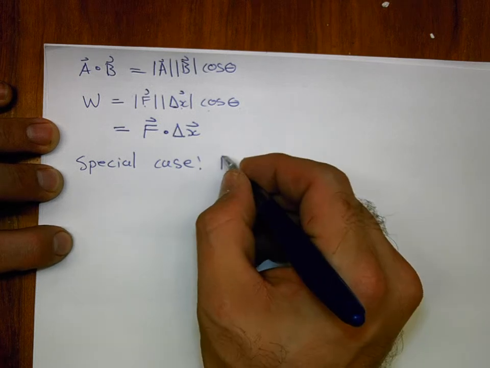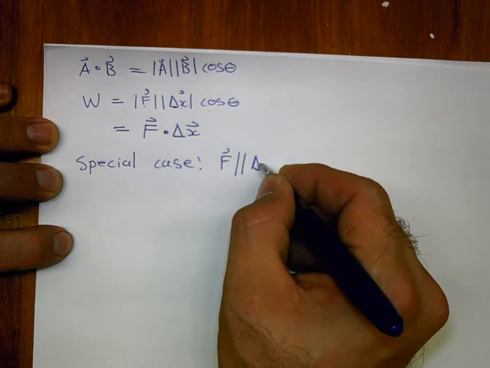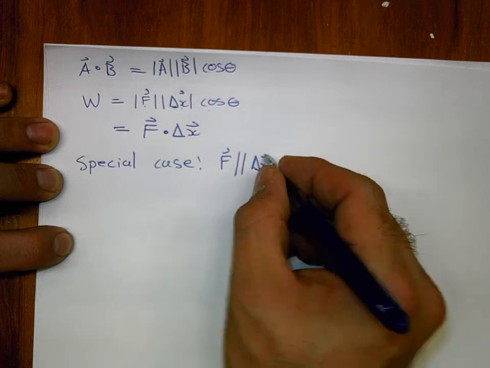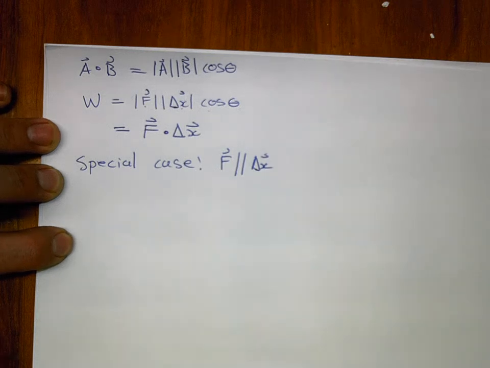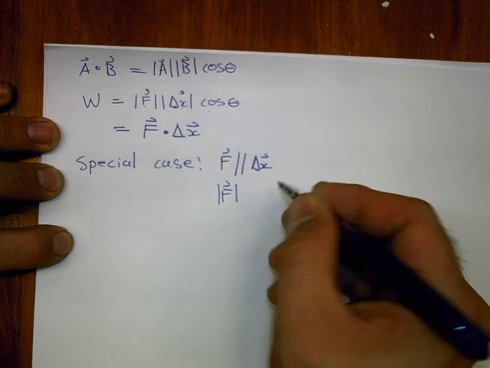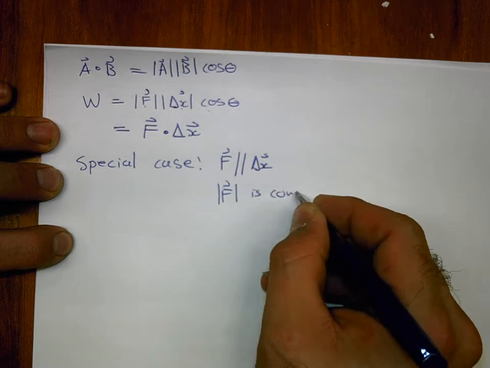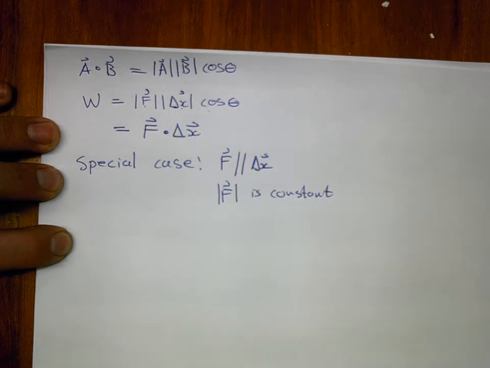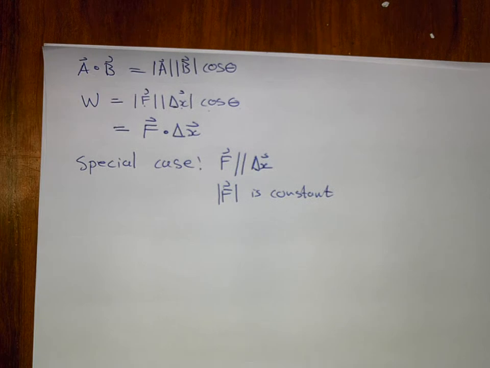Let's assume the force is applied parallel to the direction of motion, so it's applied parallel to the displacement. And let's say the magnitude of the force is constant. So the force does not become stronger and stronger, or weaker and weaker. It just remains the same.